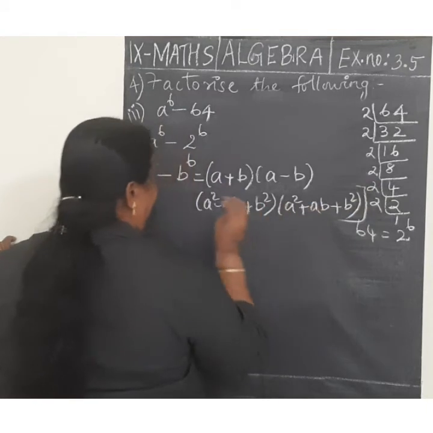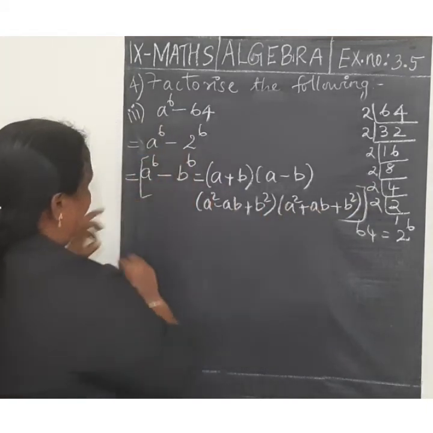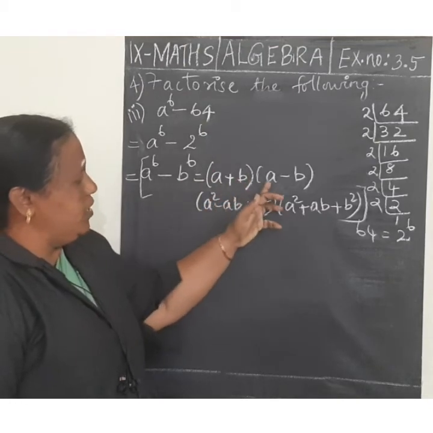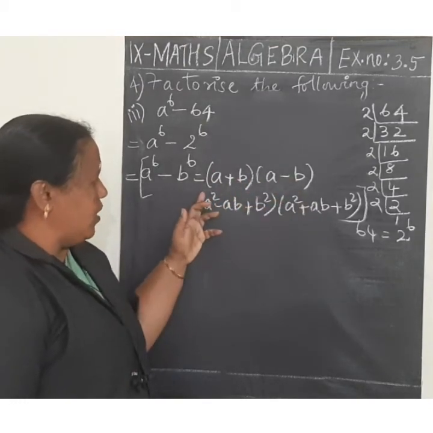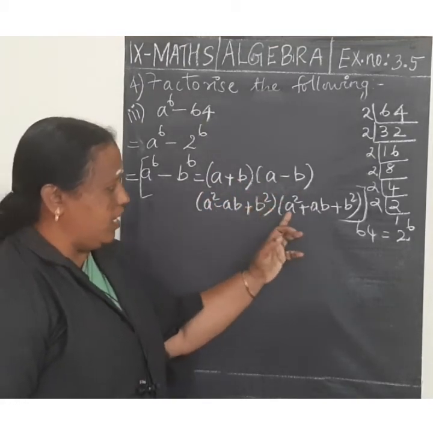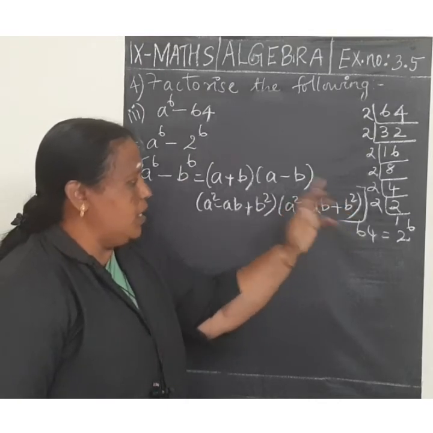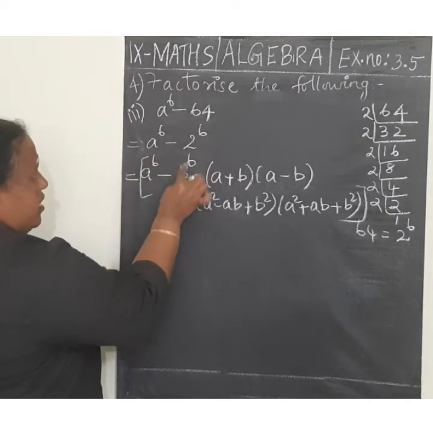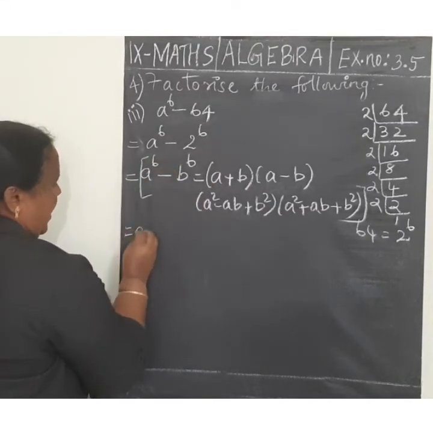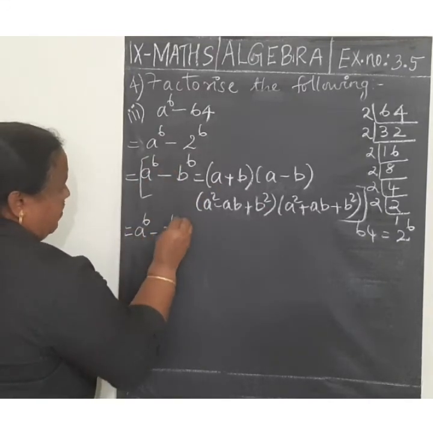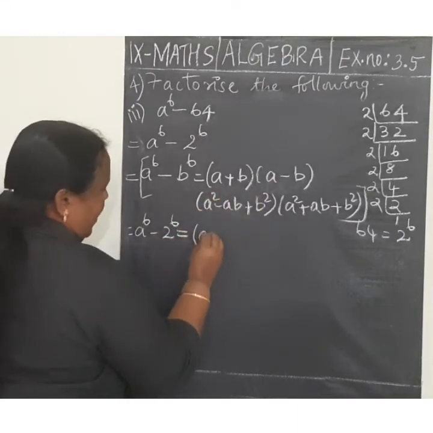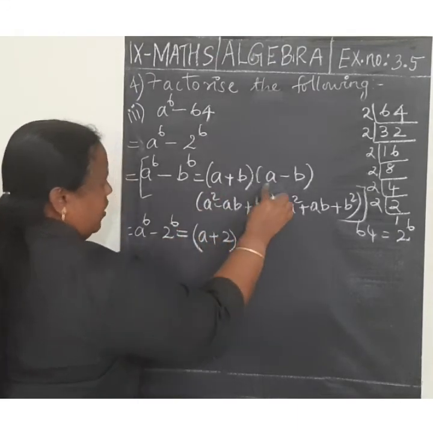This is an identity. Here a is a, b is 2. So a power 6 minus 2 power 6 is equal to a plus 2 into a minus 2.